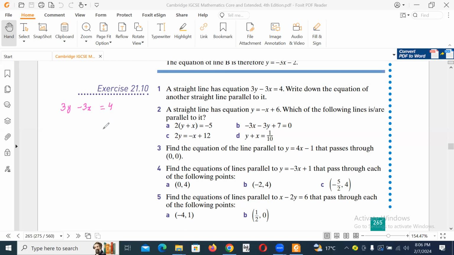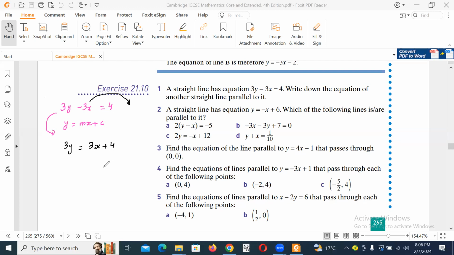We have to make y the subject because the general equation of a straight line is y is equal to mx plus c. So I will take this minus 3x to the other side. So it would be 3y is equal to 3x plus 4.